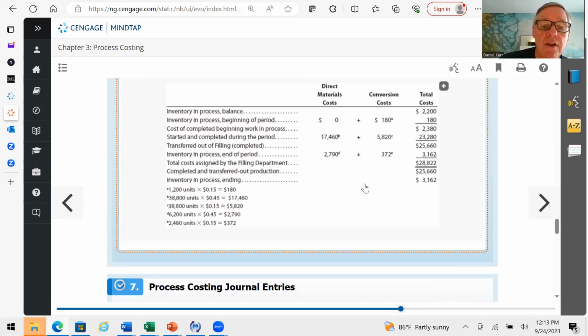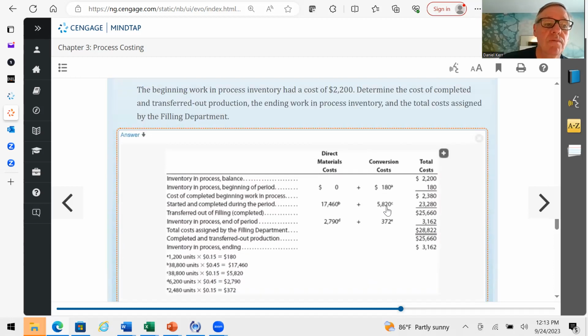So the total amount is 28,822, and that is comprised of that which is completed and transferred out into production, which is 25,660, and the ending work in process, 3,162. So hopefully you found that review useful.